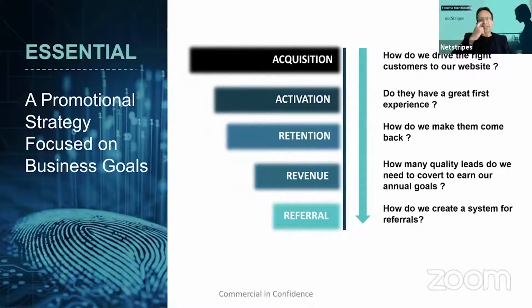So the first thing is, how do we drive the right customers to our website? Not anyone, the right customers. We're going to use social media. We need to know how many customers we need to drive to your website through social media. If you don't know these numbers, we are operating blind. But if you know your numbers, it becomes very easy.